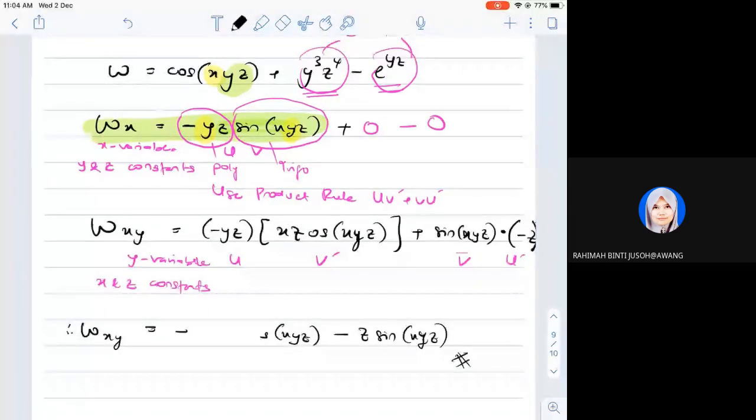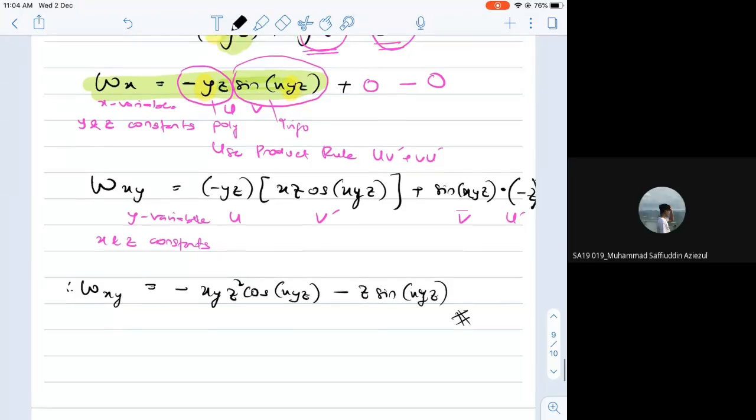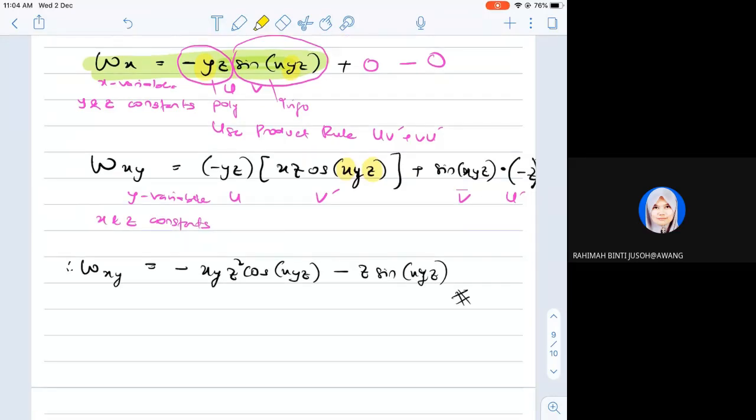So this one becomes xz, y squared, and then we have cos. Okay, thank you very much. Understand, guys? Yes. Because x and z are the constants, so the constants we bring to the front. Okay, so we get this.